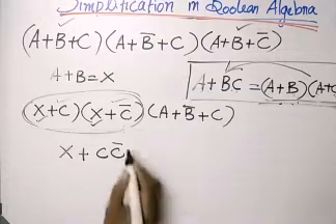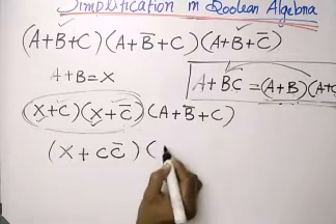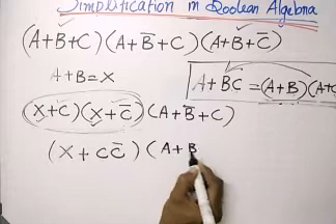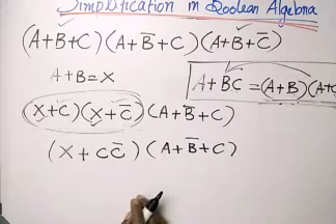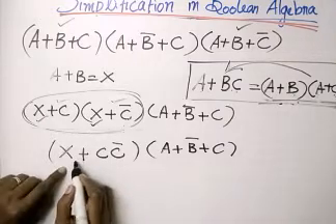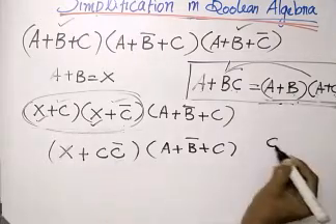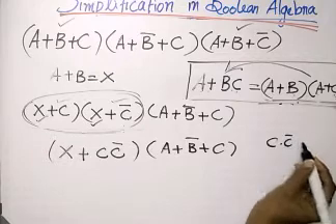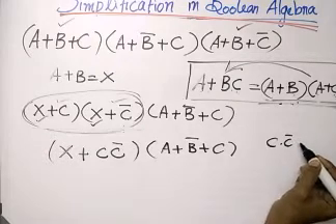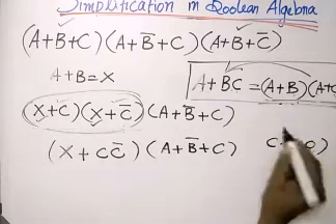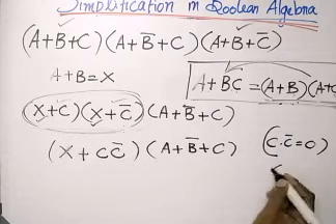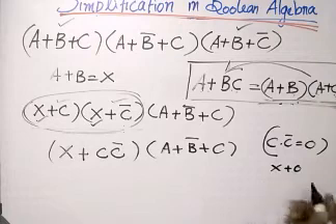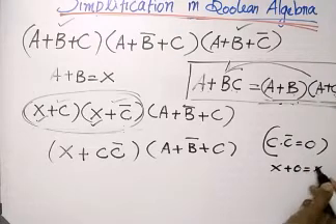Then the remaining term is A or B bar or C. C into C bar, any variable multiplying with its complement, we will get 0. So this term is reduced to 0, and X or 0, any variable ORing with 0 gives the same variable.